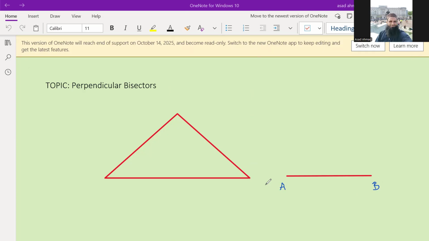A perpendicular bisector is basically a line which divides a line segment into two equal parts perpendicularly.